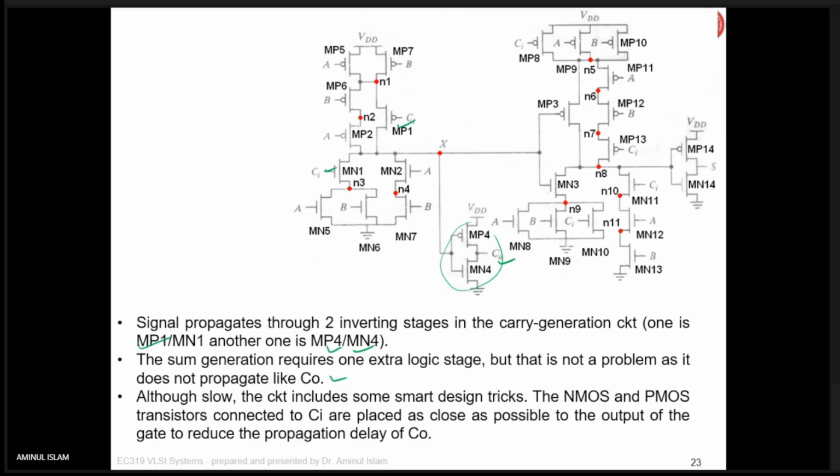We consider the propagation delay of CO, so that the 1 bit full adder may be cascaded in ripple carry fashion, and ultimately CO is going to be more critical than sum. Is it understood?